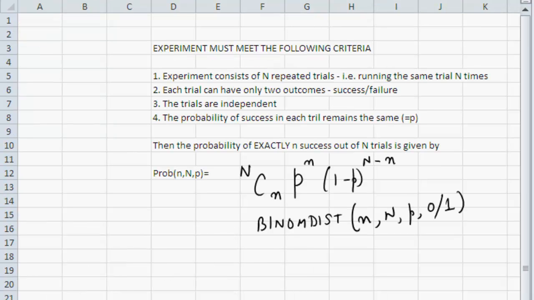So you have a binomial distribution when the experiment meets the following criteria. The experiment must consist of n repeated trials, in other words, running the same thing n different times. In our case, that trial is for each student whether they stay or leave. Each trial consists of exactly 2 outcomes, stay or leave, and we are asking the same question of the 40 students.